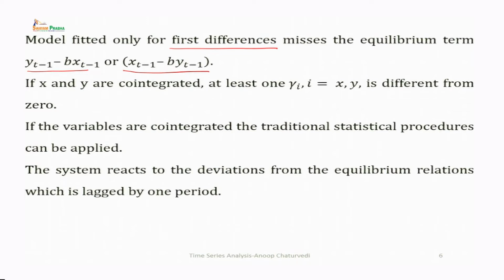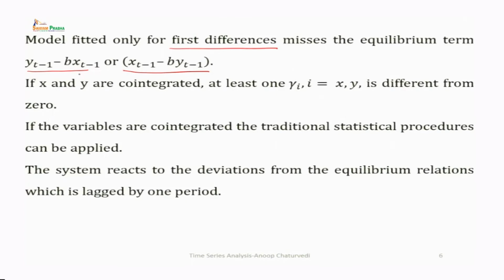So, if you are just running the regression between first differences, if you think that you have converted the I(1) processes into I(0) processes just by taking the first differences and now you can run the regression, then your inferences may not be proper, because you are missing an important term, and that important term is this equilibrium term.